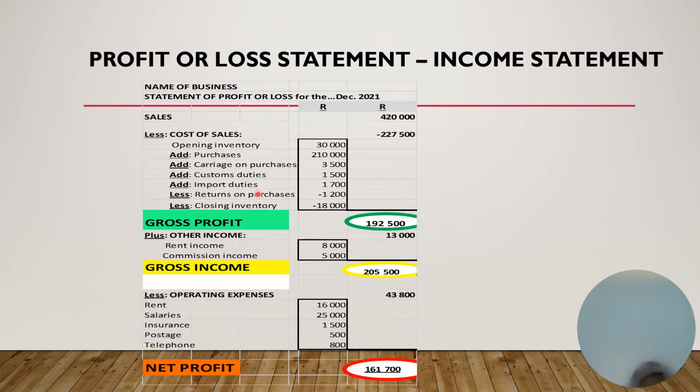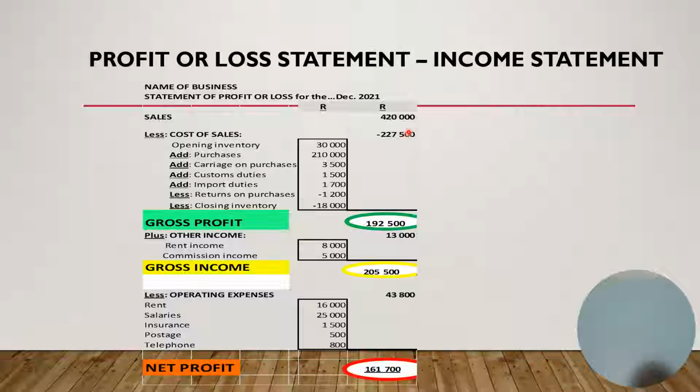We add import duties 1.7, and then in this example we had returns on purchases. You minus them, and then you minus the closing inventory, and then all this amount will give you your cost of sales, which is minus 227,500.